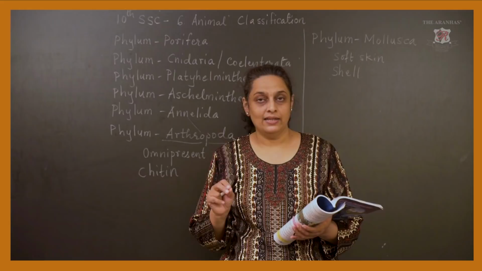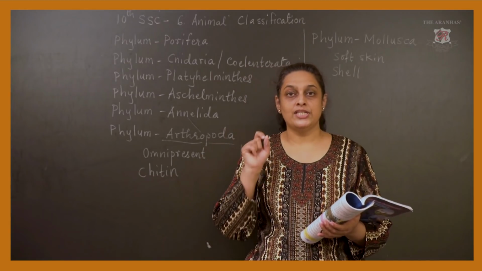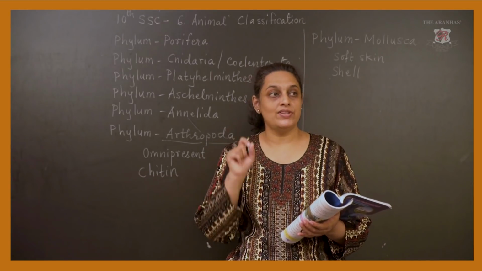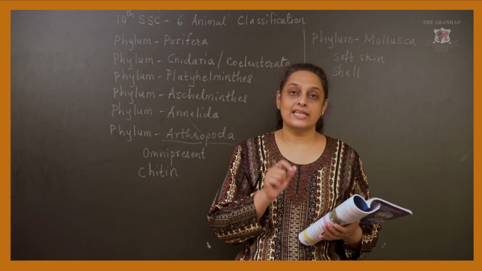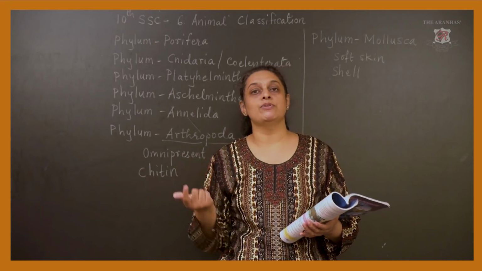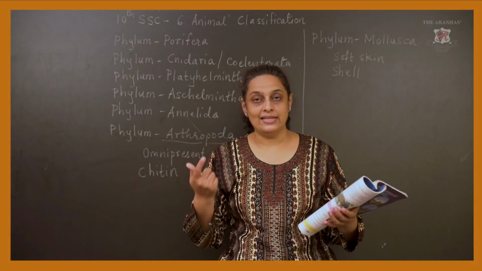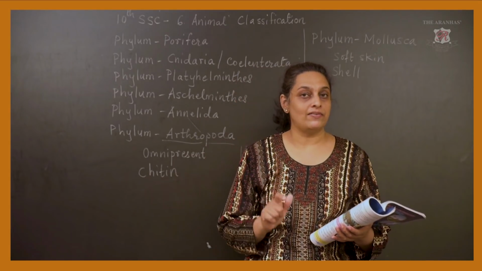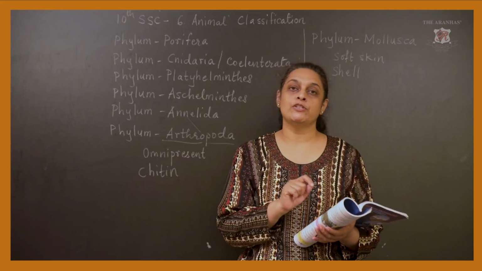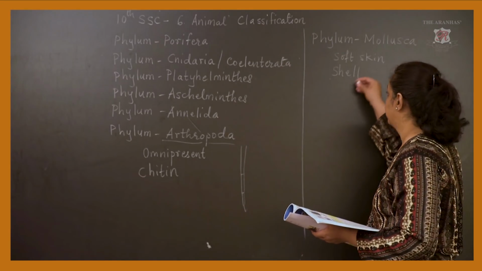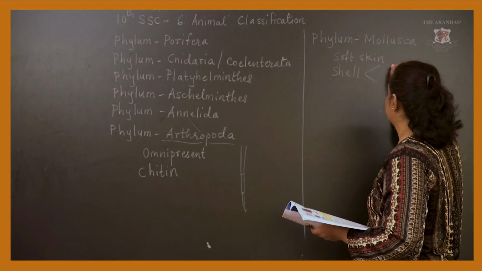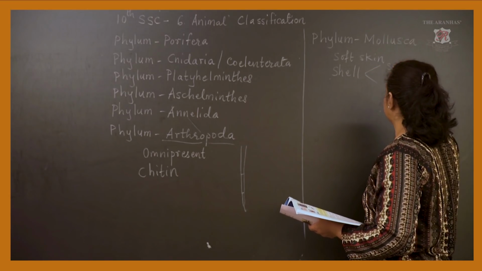Okay, understand? So, skin which is very delicate or the skin which is very soft in these members, that skin itself produces the shell, and inside the shell animal survives. So, for the purpose of protection this is produced. Now, shell can be symmetrical.